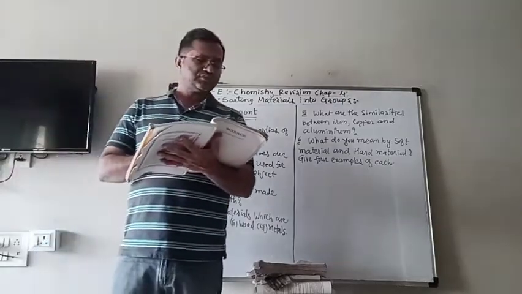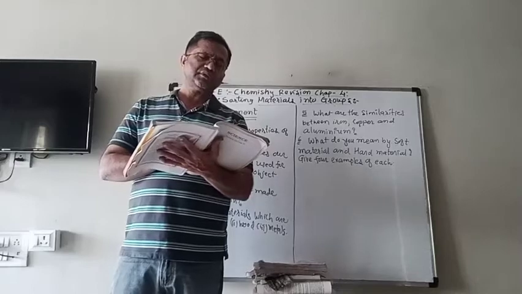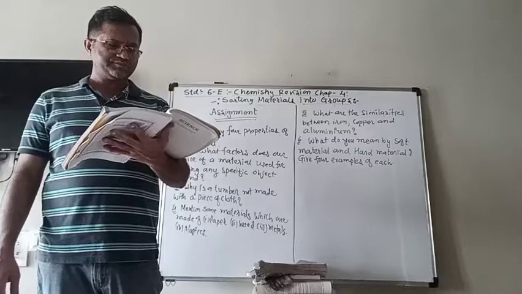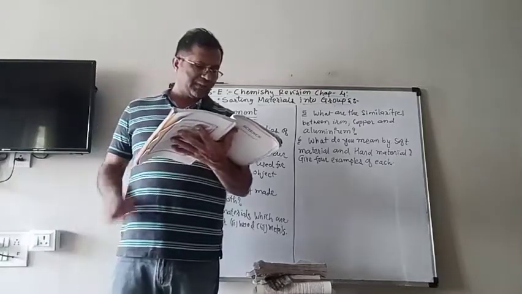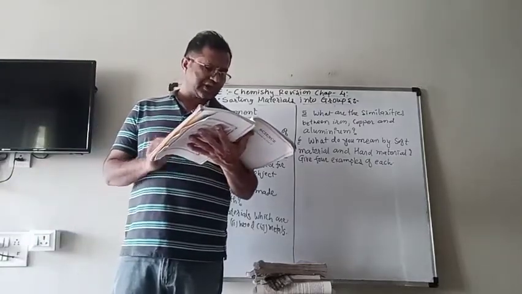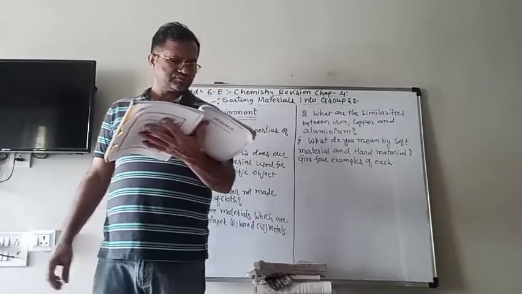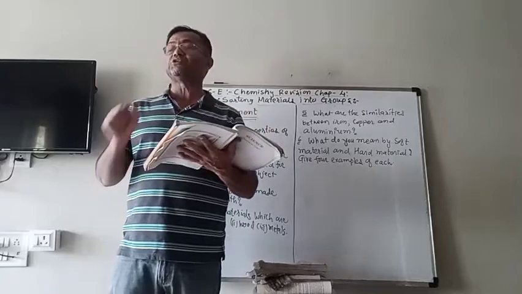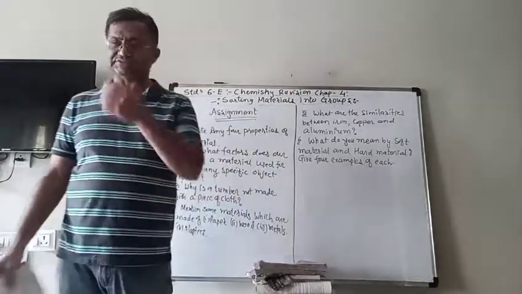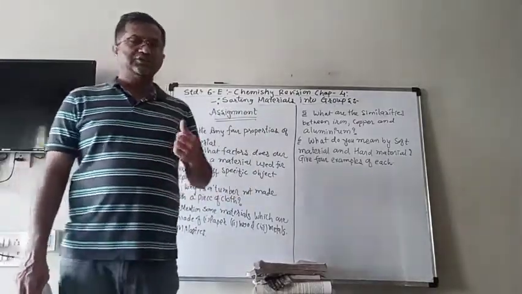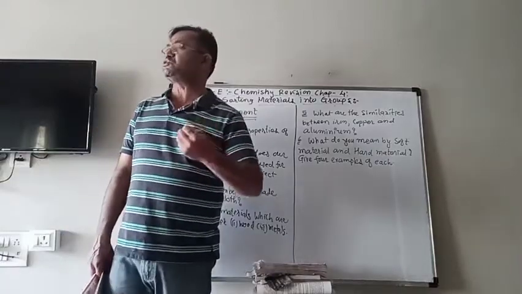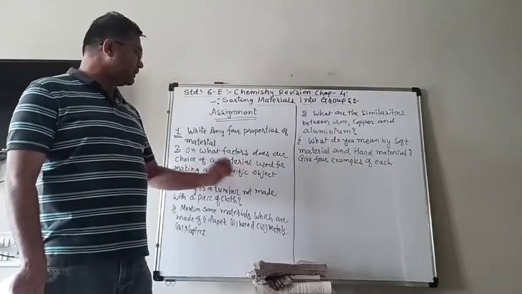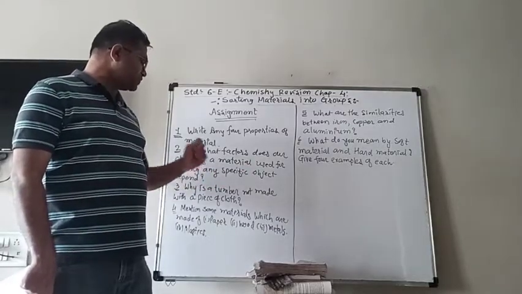So we have to choose the proper materials so that the purpose of use can be met. So the properties and the purpose of use are the two main factors on which the choice of the material depends. Why is a tumbler not made with a piece of cloth?